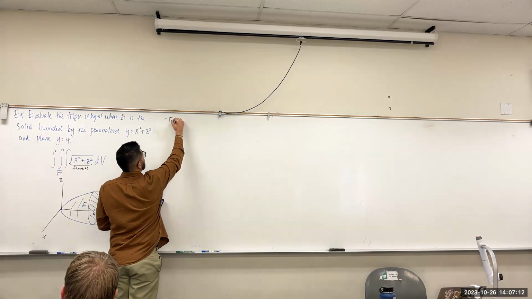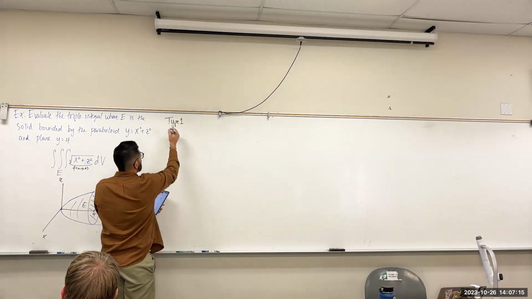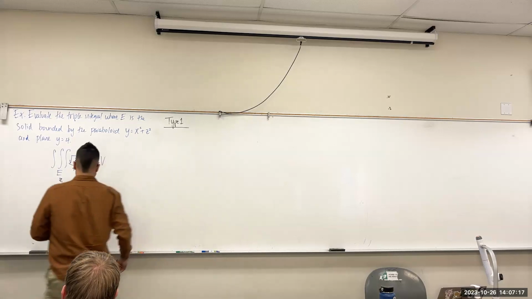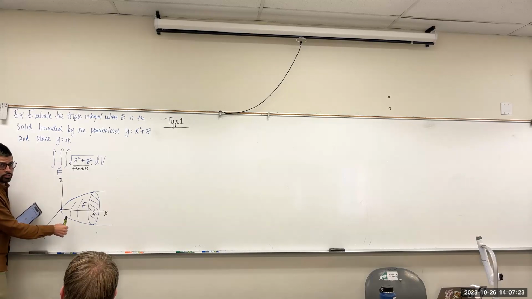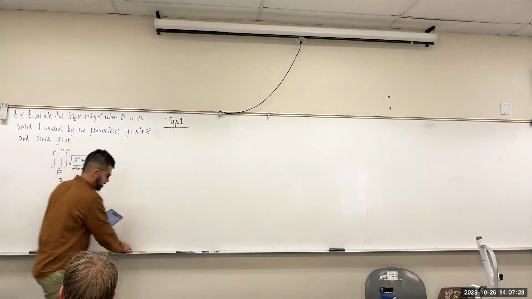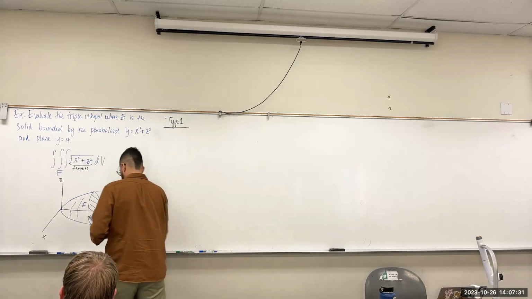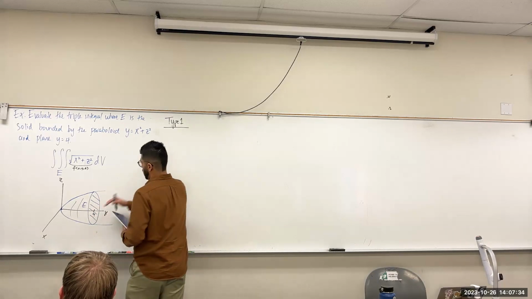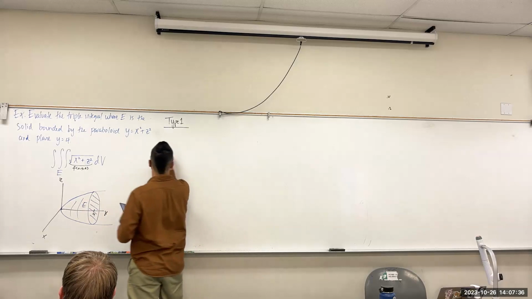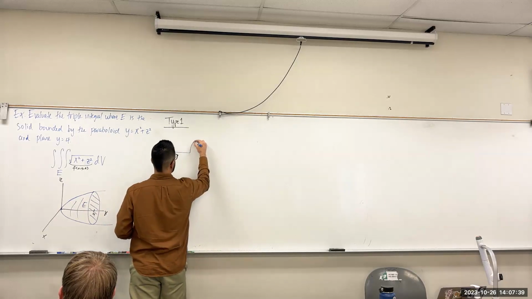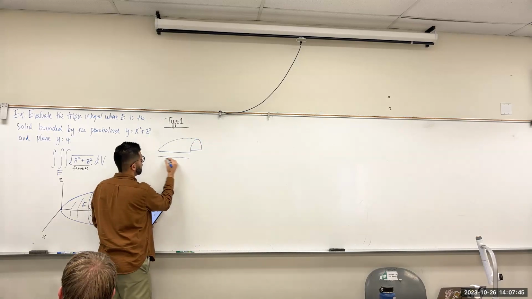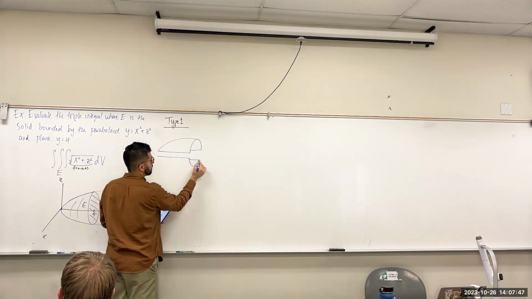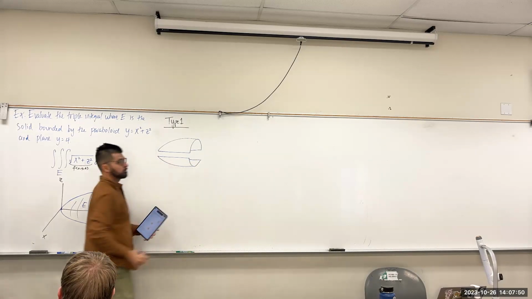So if it's of type 1, what I would like you to do is, you have your skewer, right? Your stick that you're poking onto this solid, and it's going in the z direction. You're poking it this way. When I poke it this way, I want you to see that there's the top part of the paraboloid, which looks like this, and then there's the bottom part of the paraboloid, which looks like this.